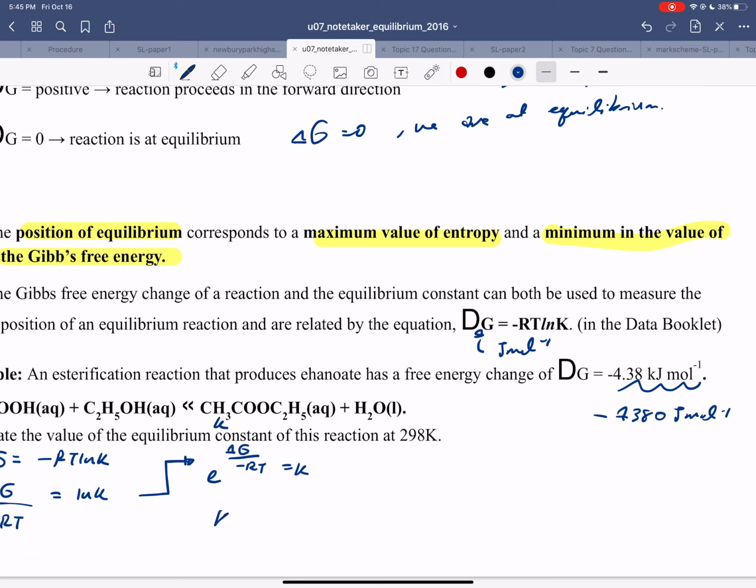So K is equal to e to the, delta G in this case is negative 4,380, over negative 8.31, our gas constant, times temperature in Kelvin, 298. And let's plug that into our calculator. We get that K is equal to 5.86. Unitless, because K is a unitless value.